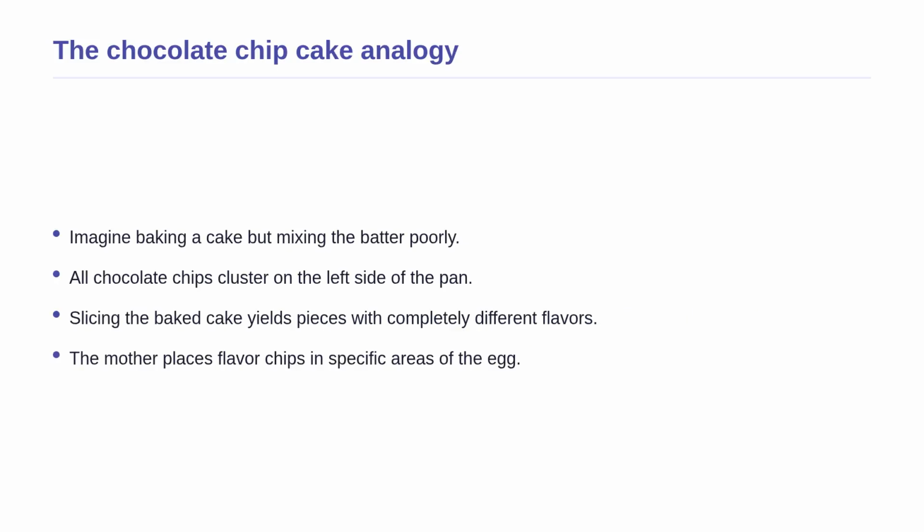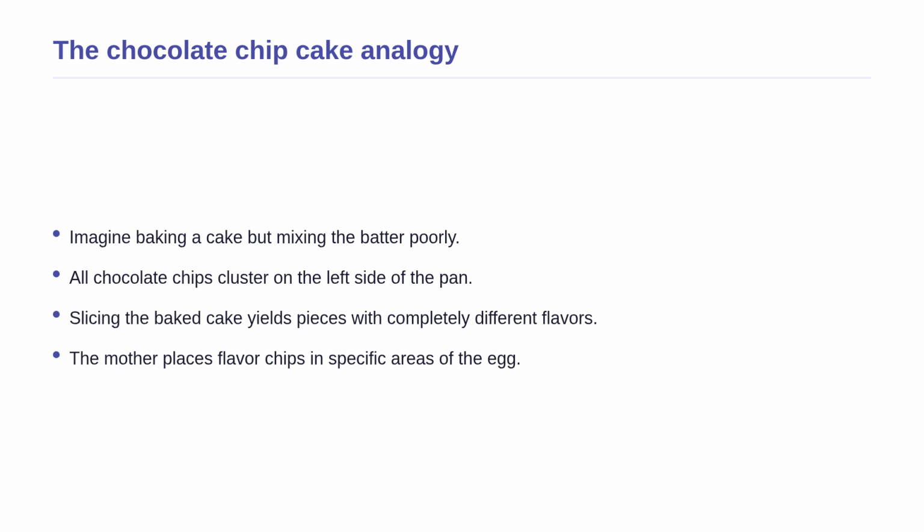To understand how this works, imagine you are baking a large, delicious chocolate chip cake, but you do a terrible job of mixing the batter. All the chocolate chips end up clustered on the left side of the baking pan, while the right side is just plain vanilla batter. When the cake is baked and you cut it right down the middle, the slice on the left is packed with chocolate, while the slice on the right has absolutely none.